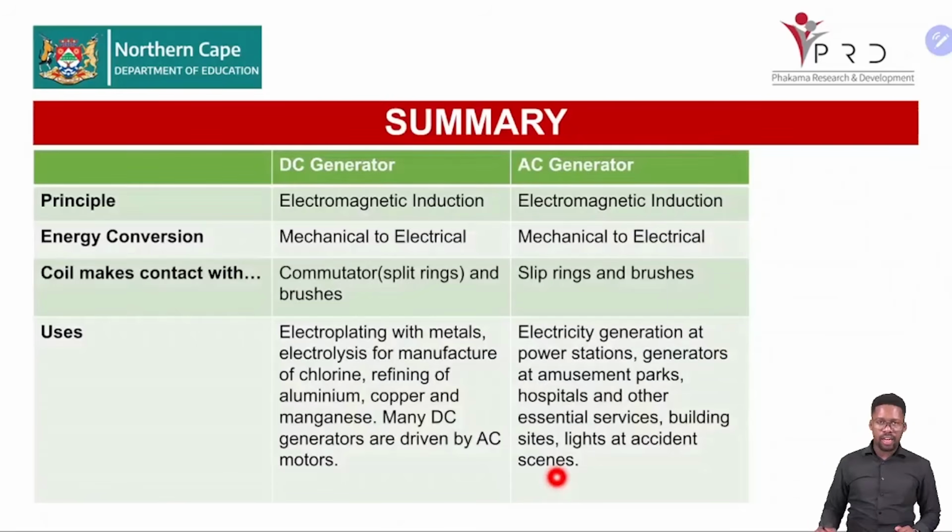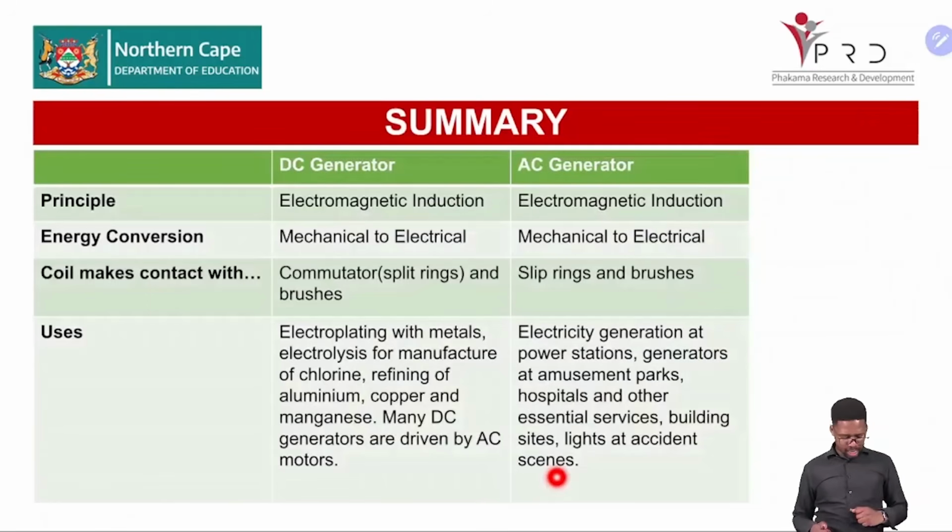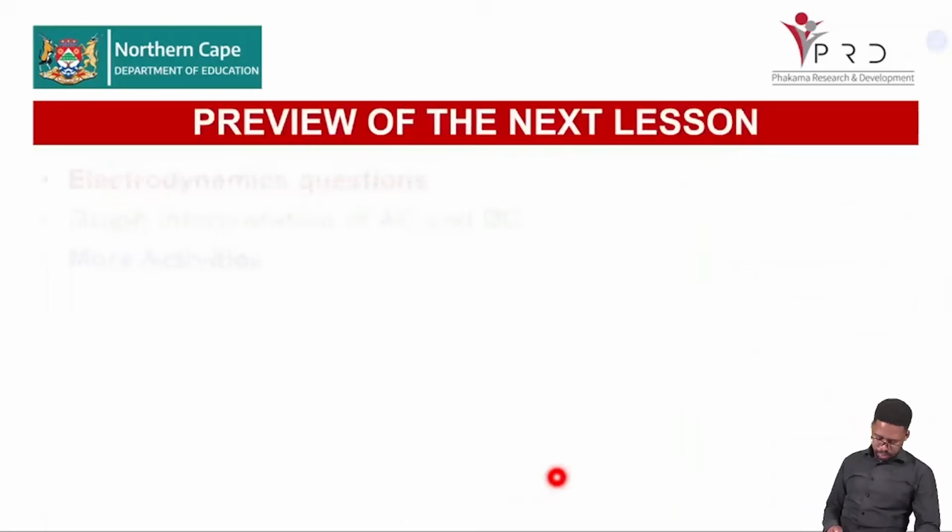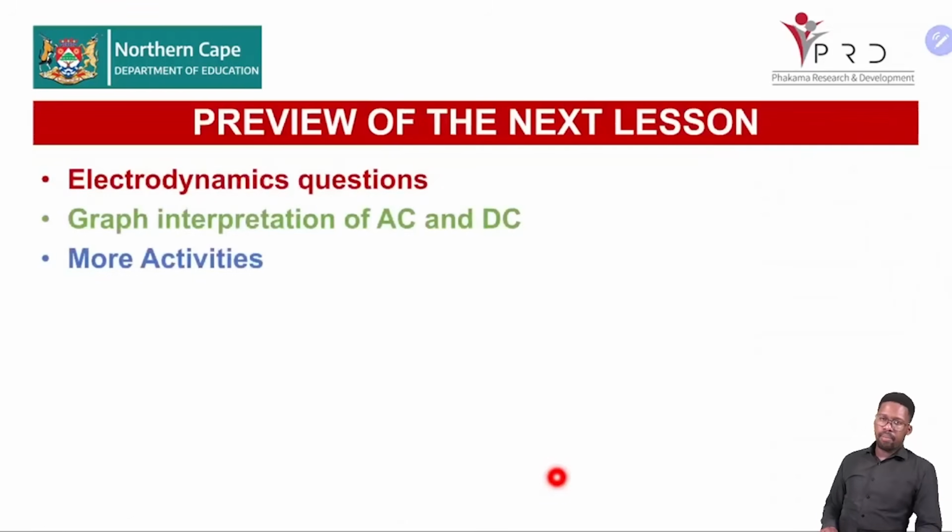The energy conversion is from mechanical energy to electrical energy. Next time, when we meet on our next lesson, be prepared that we are going to continue from where we left off. We are going to use past question papers to make sure that these concepts are embedded within us.